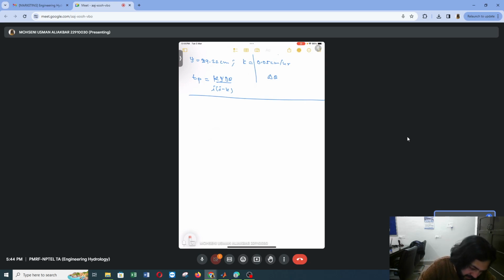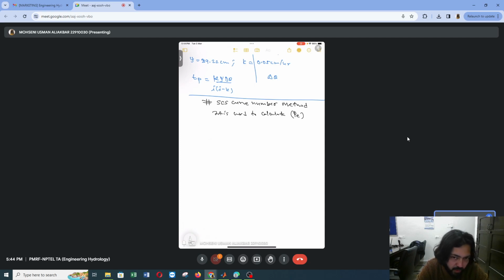So we are talking about the SCS curve number method here. This method is used to calculate effective runoff, which we are naming P of E.